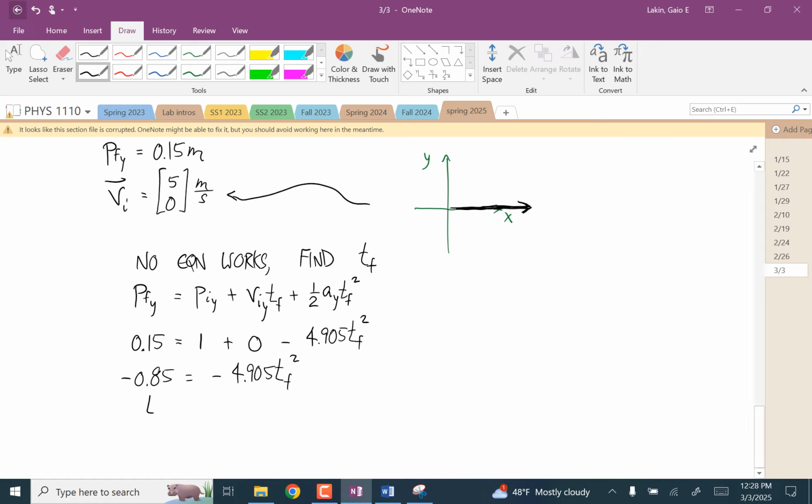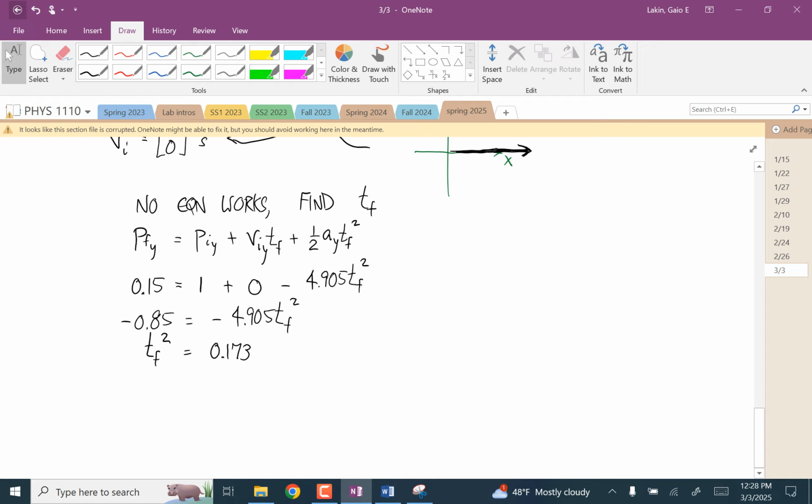And you get that TF squared is equal to 0.173. And now take the square root of that. And TF is equal to plus or minus 0.416 seconds. And this is time, so we want the positive.